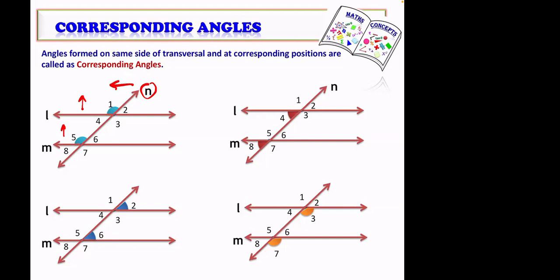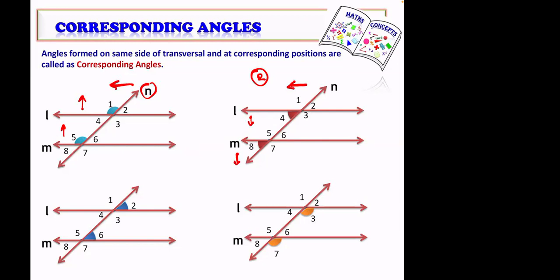Now in the second figure, you can see I have marked angle 4 and angle 8. These are also on the same side of the transversal, that is on the left side. Correct? And both angle 4 and 8 are below lines L and M. That is, they are at corresponding positions.